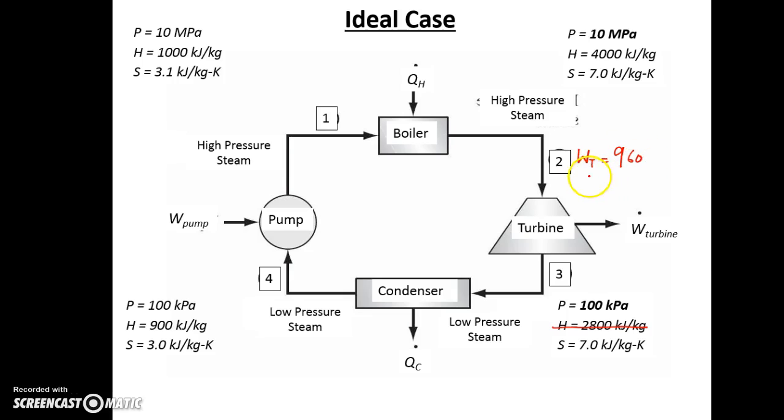Work turbine is equal to H3 minus H2, which is 960, and I'll put negative values in there since the work turbine is negative. So our new H3 will be negative 960 plus H2. And our H2 is the same as before, 4000 kilojoules per kilogram, so that gives us 3040 kilojoules per kilogram.